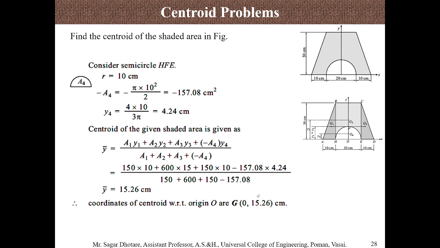The area we need to subtract is given a negative sign. One point to be noted here: whichever area is to be subtracted from the total is always indicated by a minus sign, so that the area can be removed from the total area.